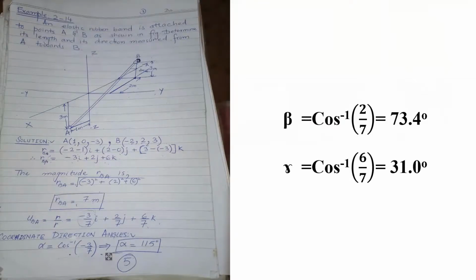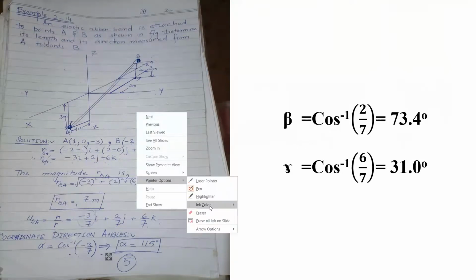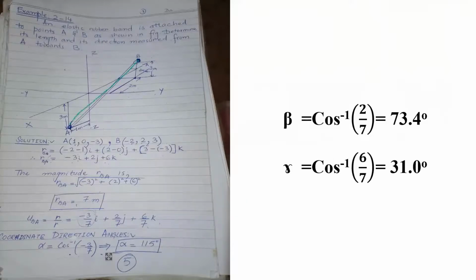There are 2 points, this point, this point. And the rubber band is attached with these 2 points. This point is exactly lying between the x-axis and minus z-axis, and this point is exactly lying on the top here. And how can we find it out?